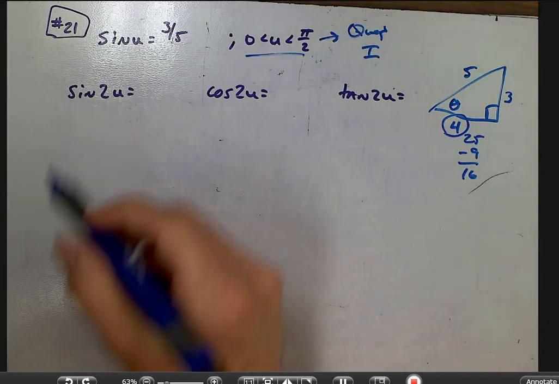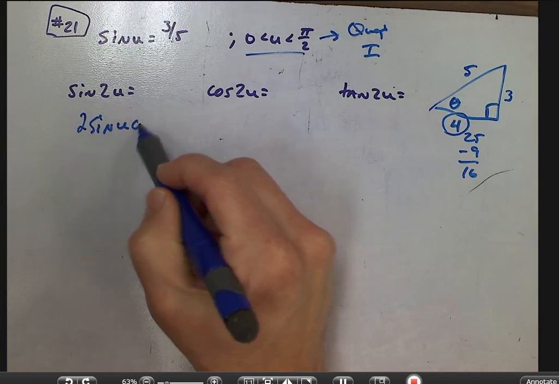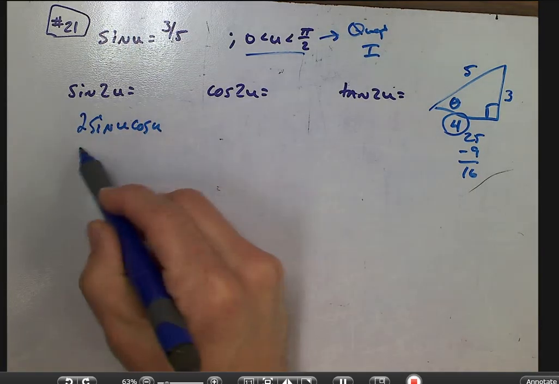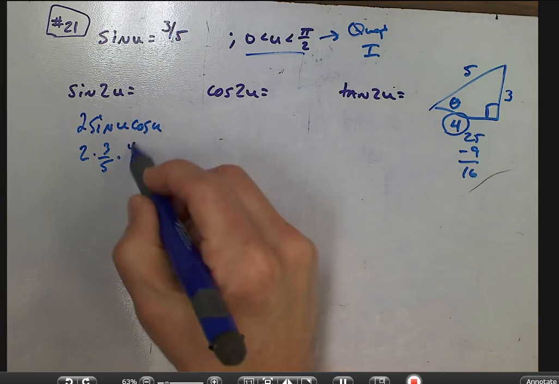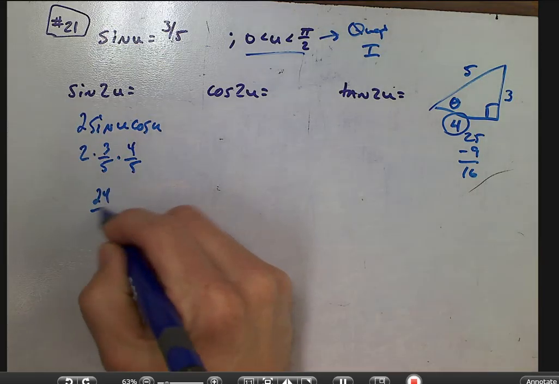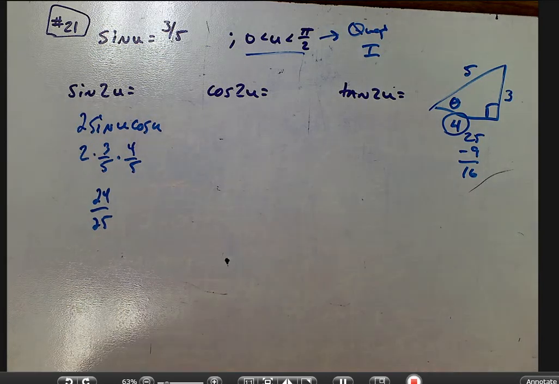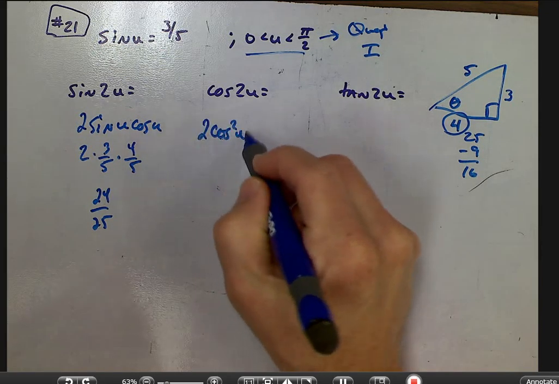Sine of 2u is 2 sine u cosine u. So 2 times 3/5. Cosine is 4/5 for adjacent over hypotenuse. And that is going to be 24 over 25 by doing that multiplication. Cosine of 2u is 2 times cosine squared of u minus 1.